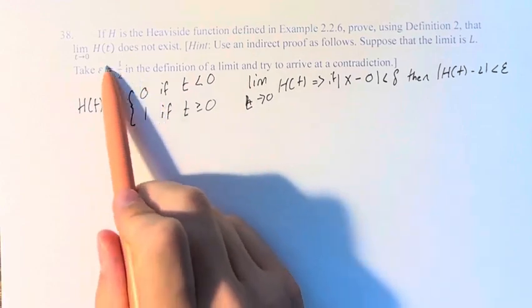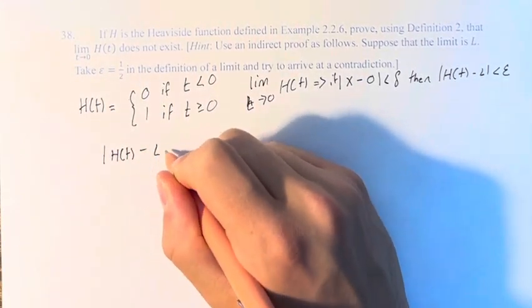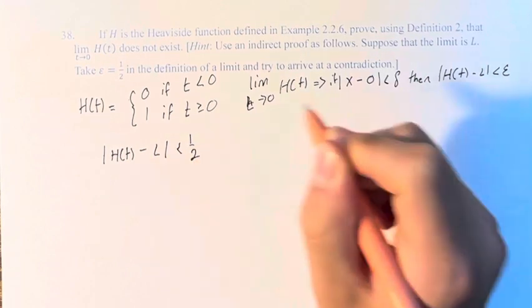So what we're saying here is that we are picking epsilon as 1/2, right? So the absolute value of h of t minus L is less than 1/2.